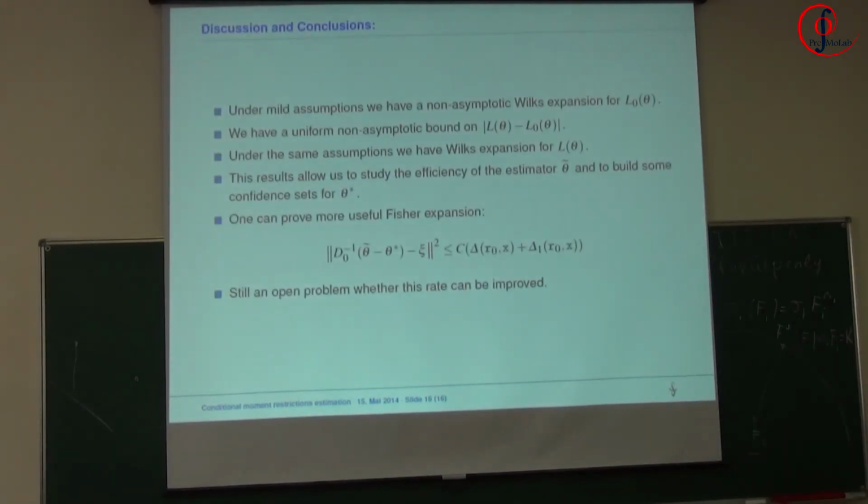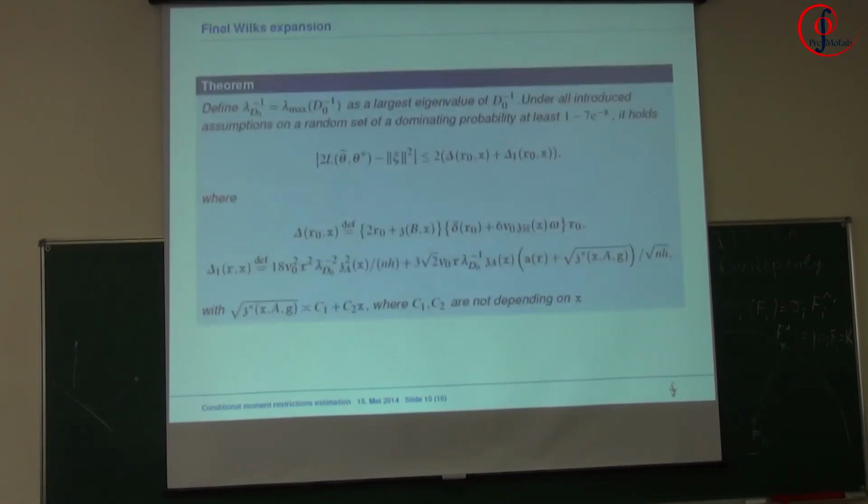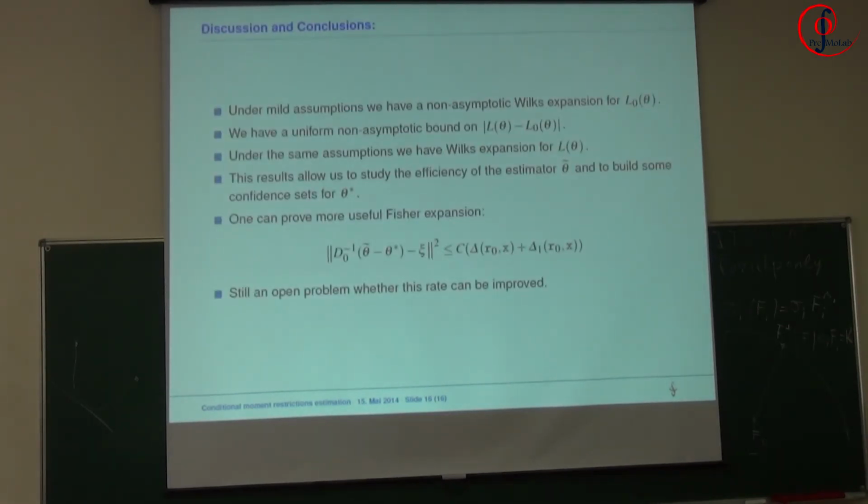So we're interested in whether we can somehow improve and have a Fisher expansion with better rates than in the previous situation. So it's still a local problem and research to do. So thank you for your attention.